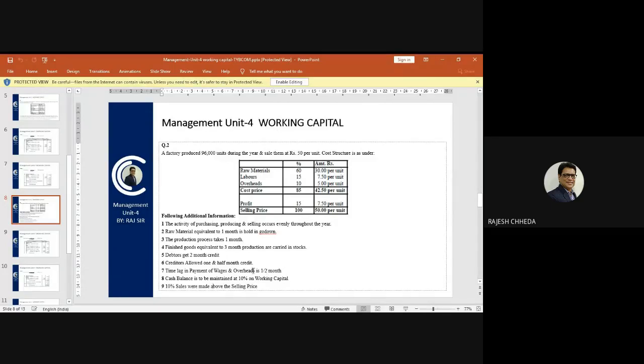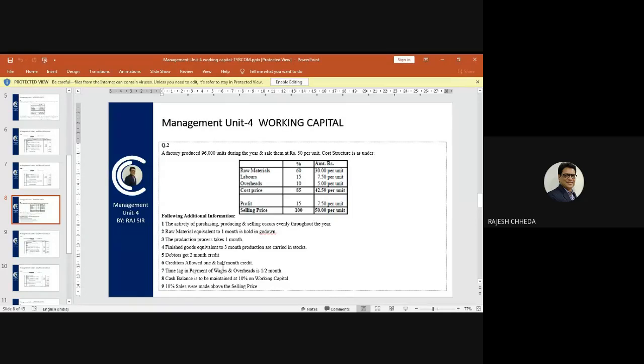And now in your answer, while writing the data, you will say that 2 months credit. So you will do the calculation 8,000 into 50 rupees into 2 months, but multiplied by 90%. And the second calculation is the same way, 8,000 into 2 months, but the price will be 55 rupees because it is 10% above the selling price, and multiplied by 10%. 10% of the total sales was like this.